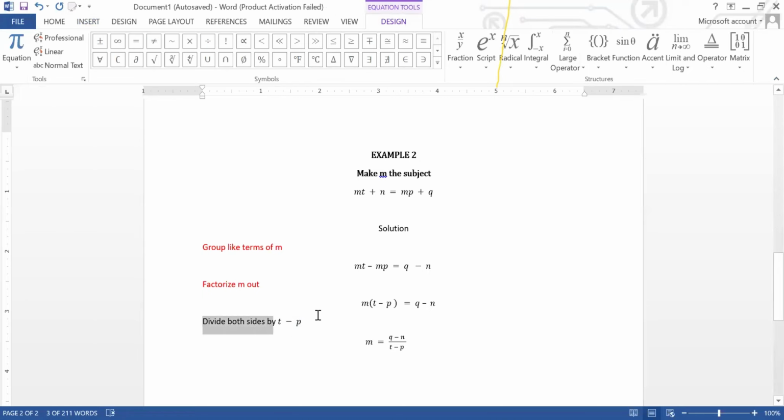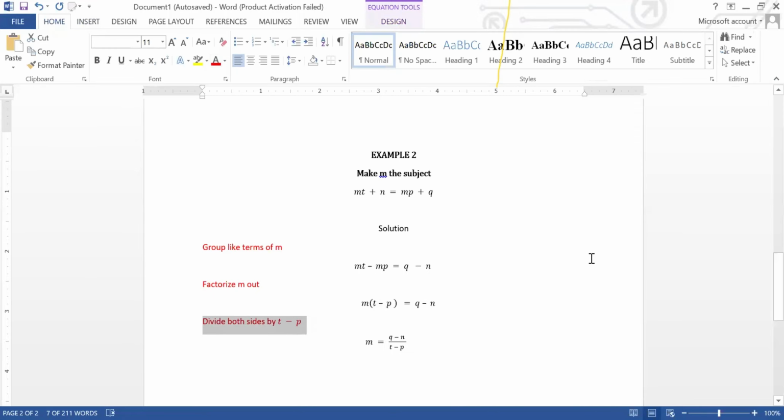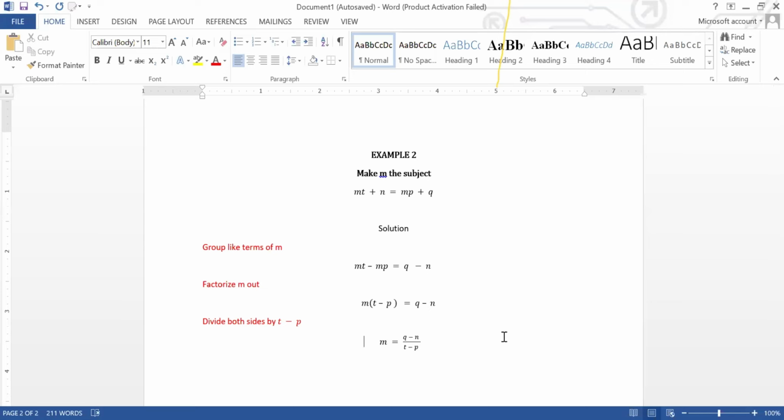So the mt minus mp, you just factor the m out and it's equal to q minus n. Then you divide both sides by the coefficient of m. And when you cancel out, you get q minus n over t minus p, giving you your answer for m. All right, good.